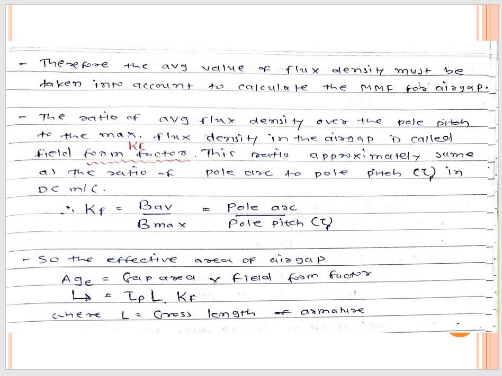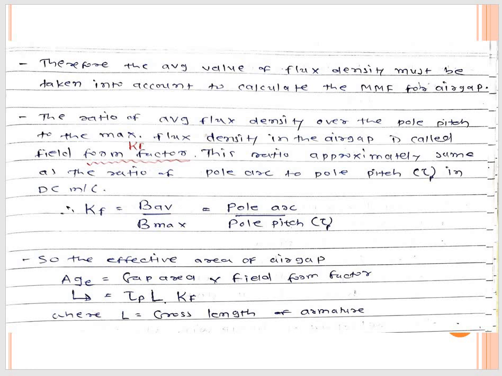So the effective area of the air gap is given by Ag. Ag means effective area of the air gap. Gap area multiplied by the field form factor will give us the value of the effective area of the air gap.